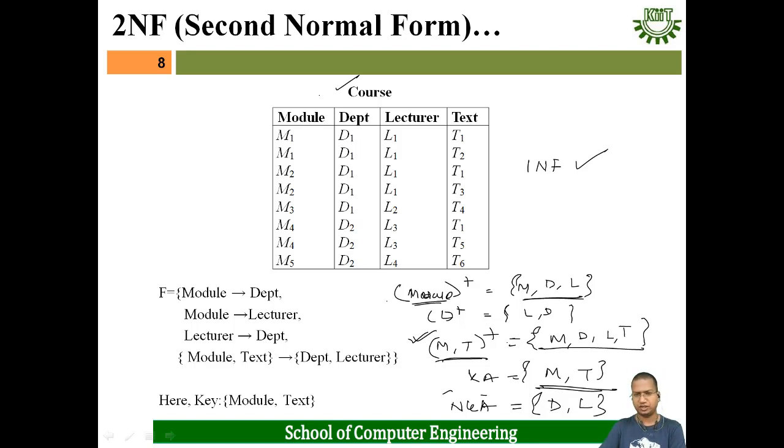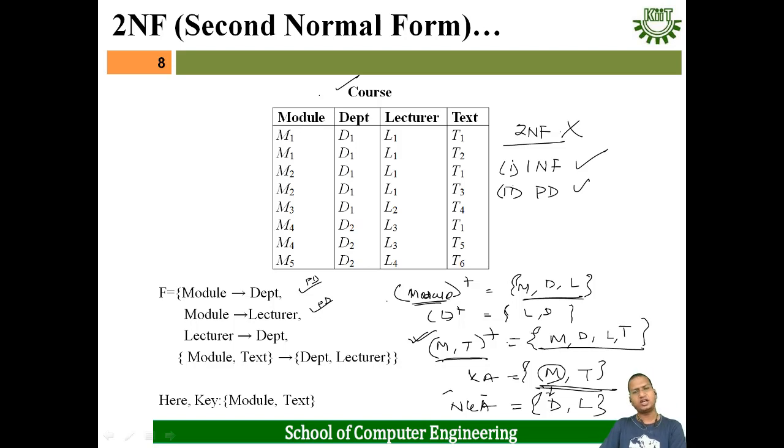Module is a part of the key, determining department, a non-key attribute. That means this is a partial dependency, and module determining lecturer is also a partial dependency. Is it in 2NF? A table is in 2NF if it is in 1NF and there is no partial dependency. But here partial dependency is present. That means the table is not in 2NF.